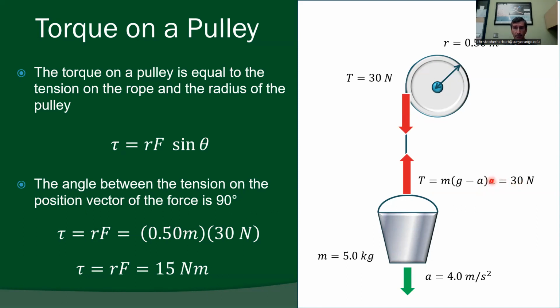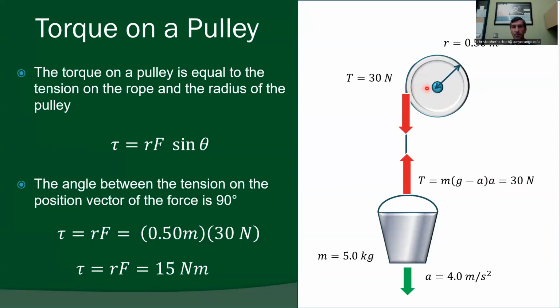Essentially, let's say the mass of the bucket is 5 and the acceleration is 4. That's going to give me 30. So 30 newtons of tension here will be 30 newtons of tension here. I take the tension, multiply it by the radius of the pulley, and that will give me my torque.